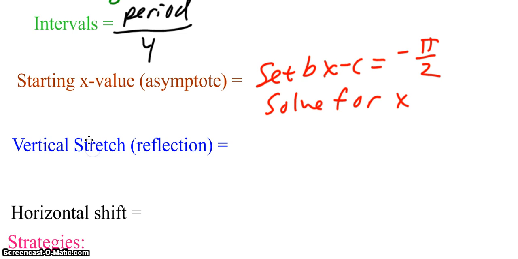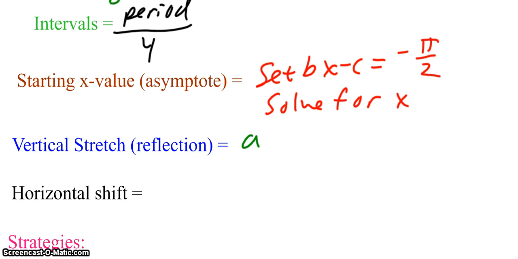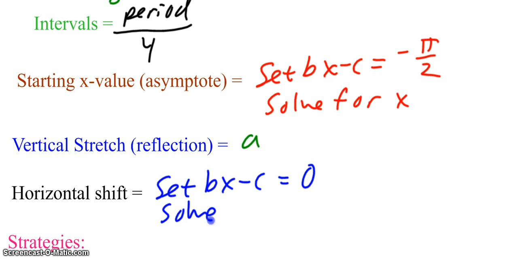The vertical stretch, so this is still going to be your a value. So a will still affect the graph. Horizontal shift is still the same as before, however it's less useful with a tangent function, but we set bx minus c equal to 0, solve for x.